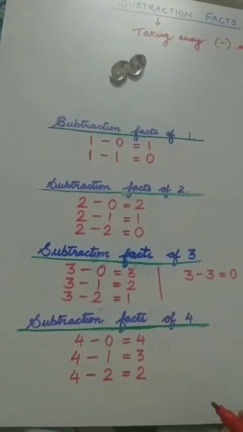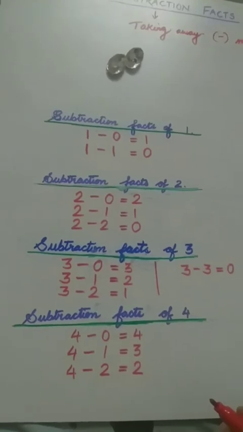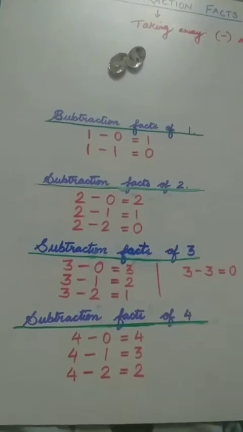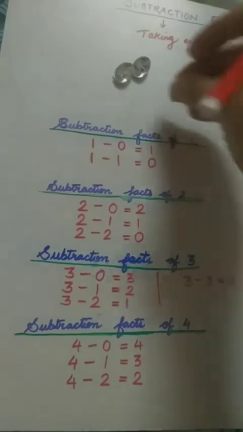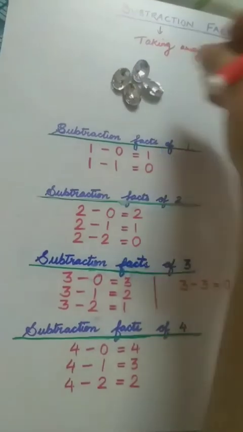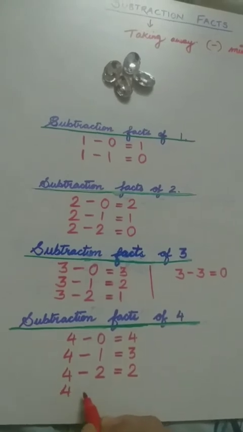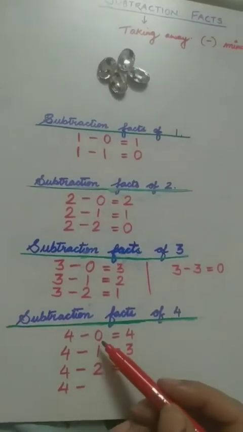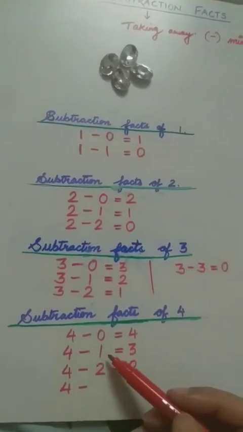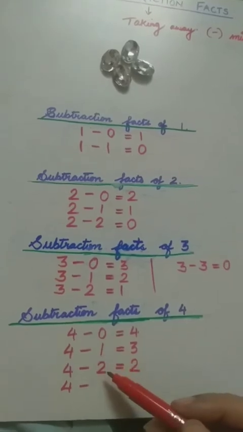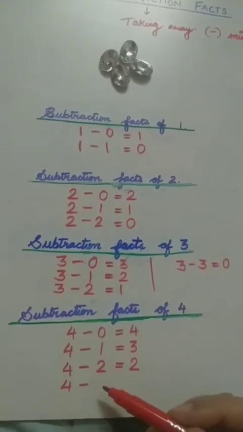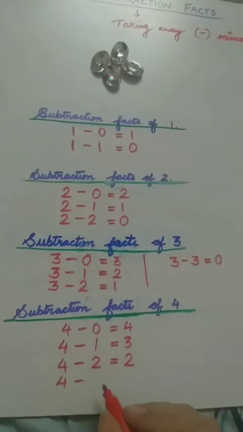Now we have more subtraction facts left of 4. So again we need 4 buttons. So our first number will be 4 minus. First we have removed 0, then we have taken away 1, then we have taken away 2. So now we will take away 3.